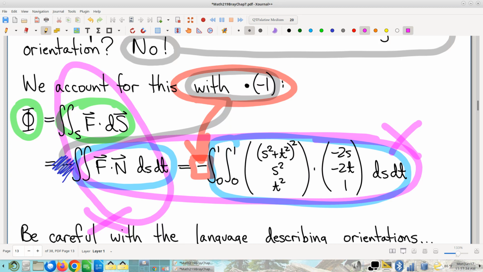How are we doing? Yes? Could we put the negative in the end and fix it like earlier? No, if you want to have a bunch of true statements on the page, if you want your argument to be valid, then no. Now, I suppose one thing you could do is say right off the bat, I'm going to compute the negative of the requested flux by orienting this the wrong way, and then have the entirely wrong calculation followed by, as previously discussed, I oriented this upside down, and so therefore, then yes.